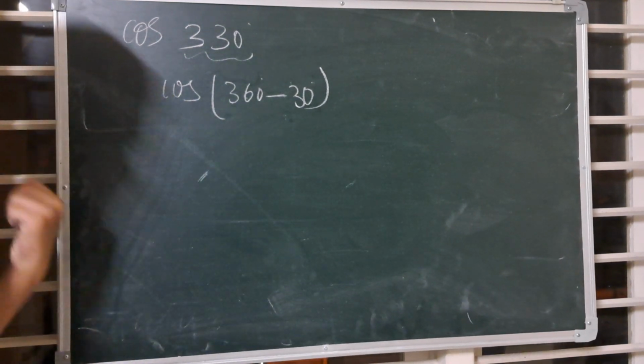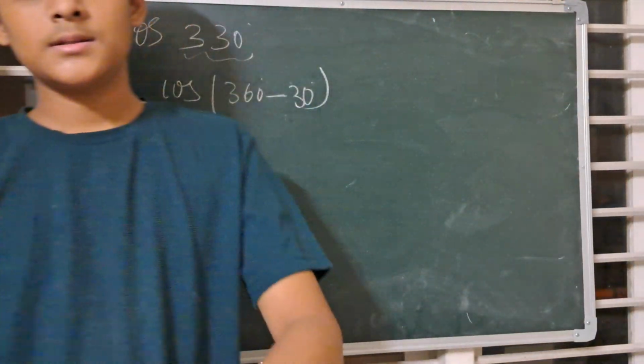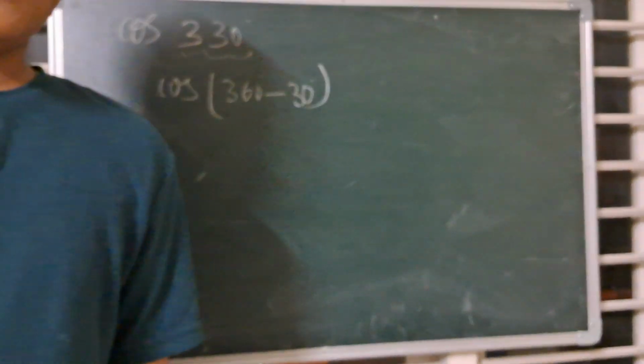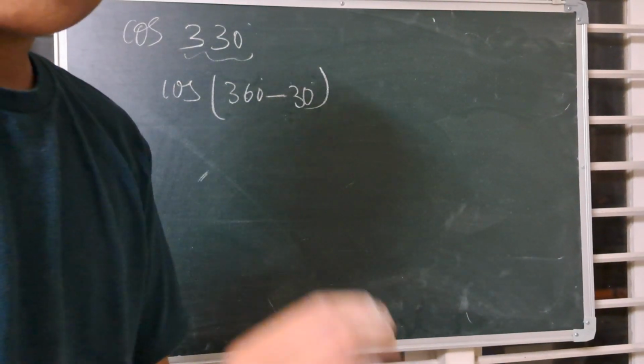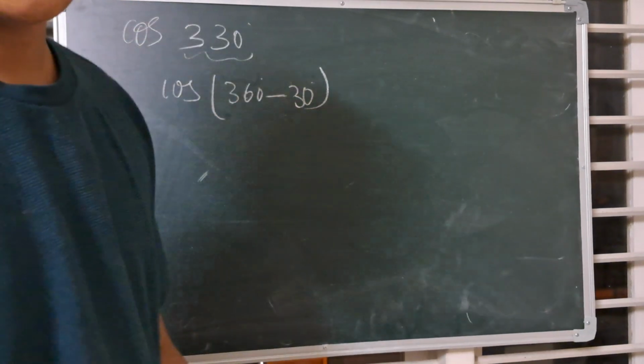And in the previous sum also, sin 150, we had 90 plus theta or 180 minus theta. Both are in the second quadrant, so it will be positive, because sin in the second quadrant is positive.